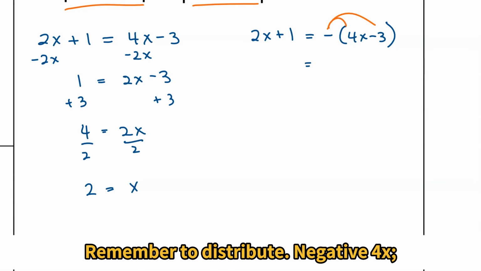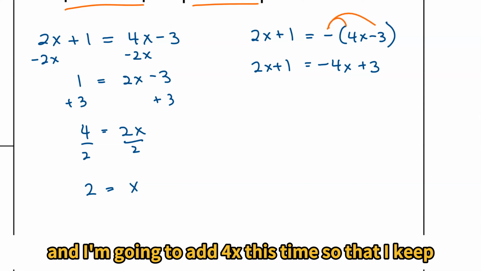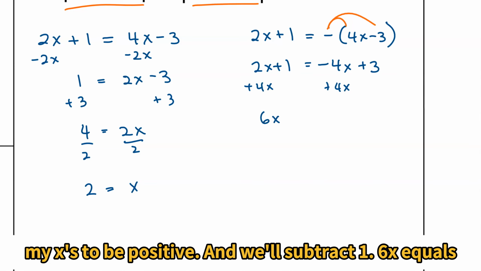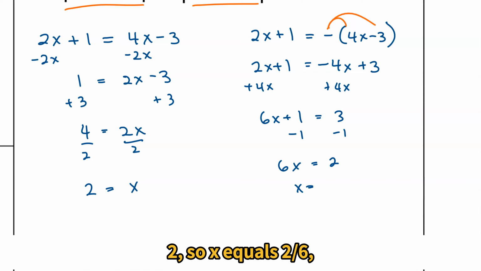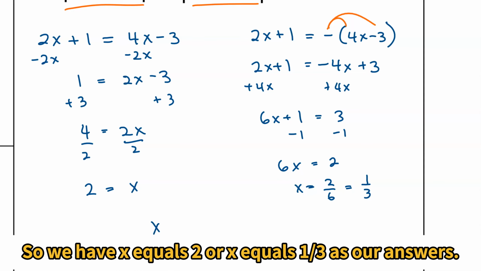Remember to distribute: negative 4x, negative 3 becomes a positive 3, and I'm going to add 4x this time so that I keep my x's to be positive. And we'll subtract 1, 6x equals 2, so x equals 2/6, but we can reduce that fraction and it becomes 1/3. So we have x equals 2 or x equals 1/3.